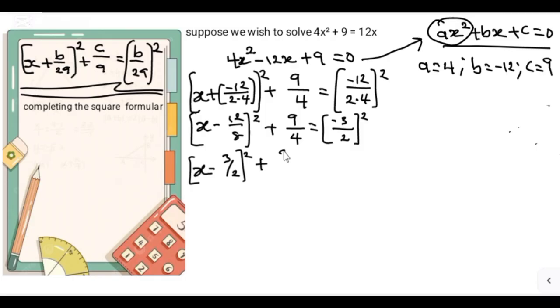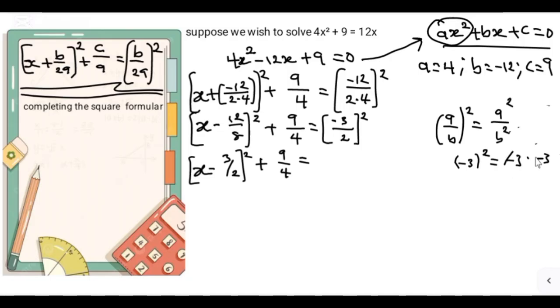Plus 9 over 4 equals to. In your laws of indices, if you have a over b all squared, it's the same thing as saying a squared over b squared. Now, if we have established this, we can also establish that negative 3 all to the power 2 is the same thing as negative 3 times negative 3. Negative will cancel negative, and 3 times 3 will give you 9.